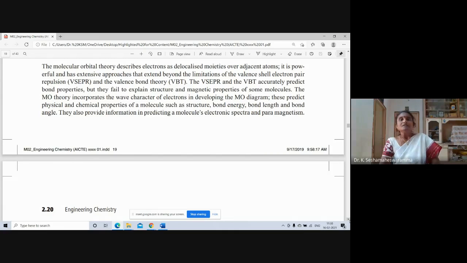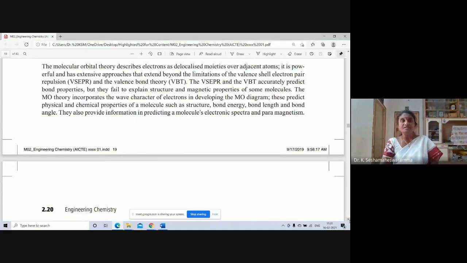The VSEPR theory and valence bond theory accurately predict bond properties, but they fail to explain the structure and magnetic properties of some molecules. Hence, the molecular orbital theory incorporates the wave character of electrons in developing the molecular orbital diagram.